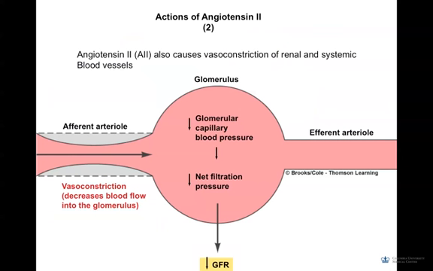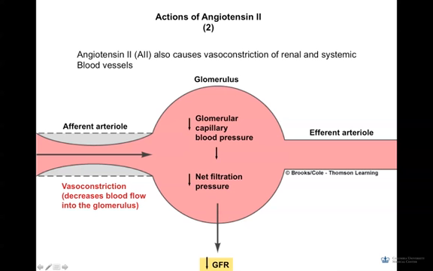The second action of the angiotensin 2. Angiotensin 2 is a potent vasoconstrictor. So among other vessels, the angiotensin 2 constricts the afferent arteriole of the nephrons in the kidney. That's going to reduce capillary blood pressure and GFR.